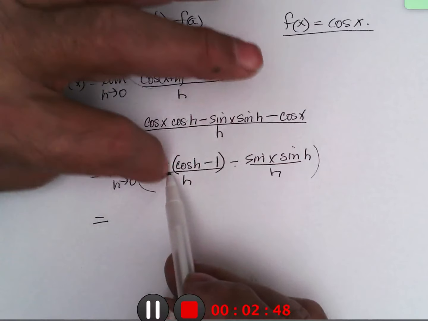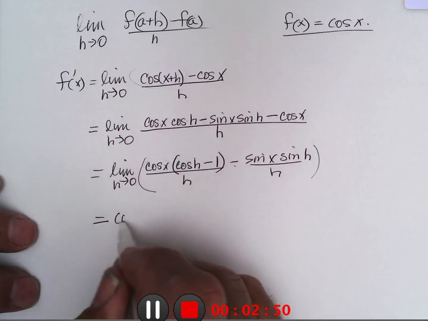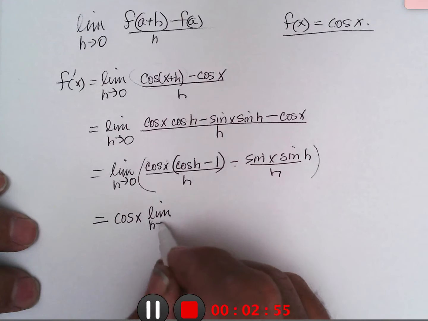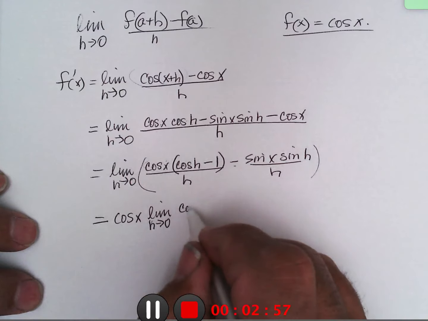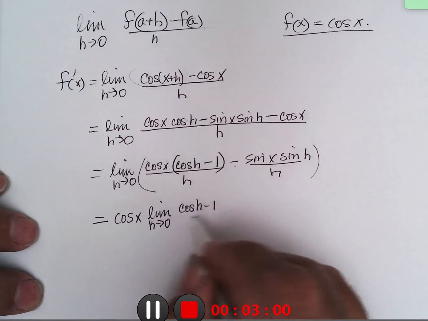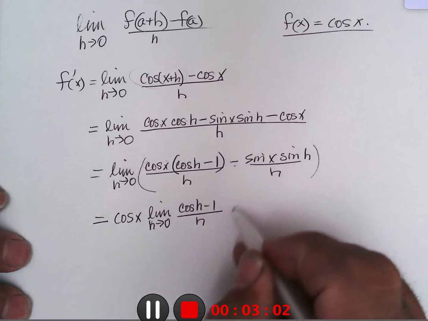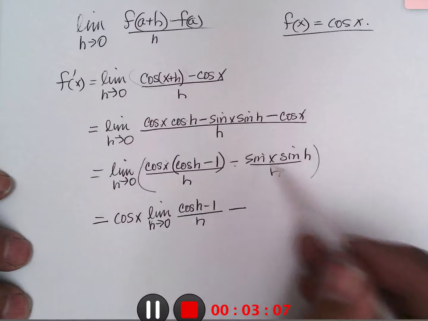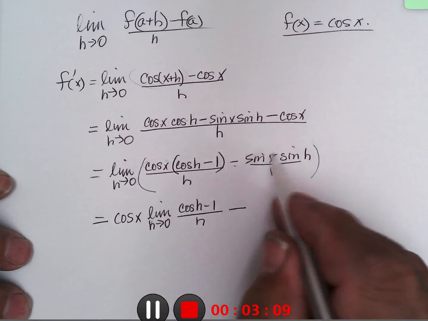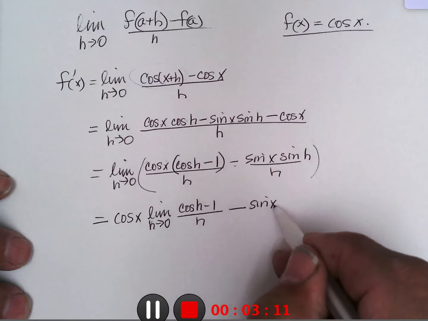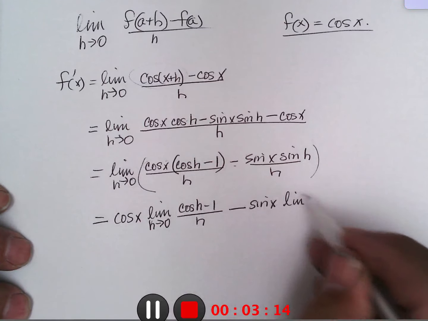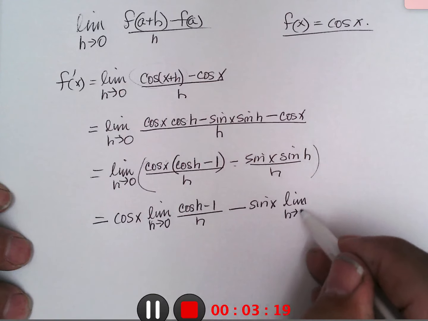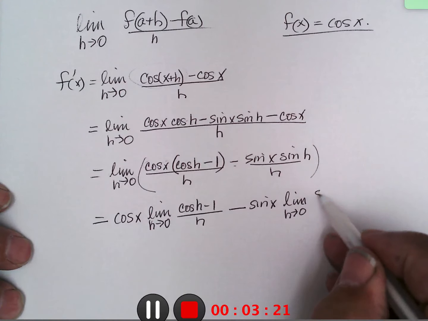And so I can call this cosine of x times the limit as h approaches 0 of cosine of h minus 1 over h, minus, and then on this I'm going to be able to pull the sine out of this stuff, and I'm going to have the sine of x times the limit of what's left as h approaches 0. And that would be sine of h over h.